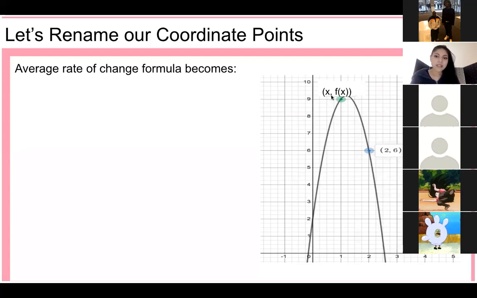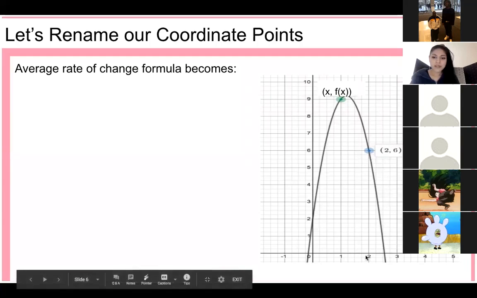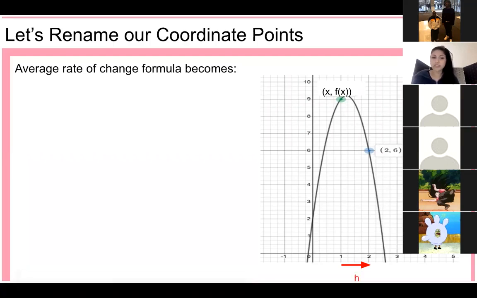So if this is x comma f of x, what in the world would this be? Now, this point right here is shifted by a horizontal unit that I don't know what it is. See this arrow down here? Let's call that h. Let's say it moved h units to the right.